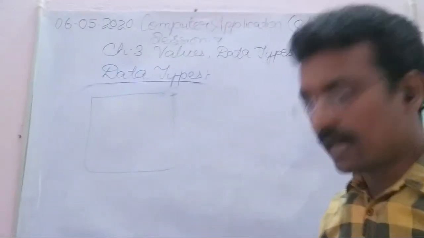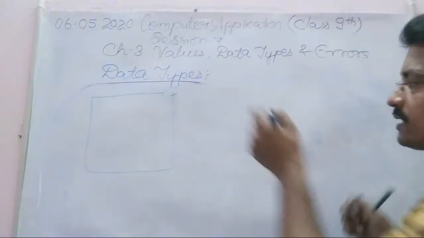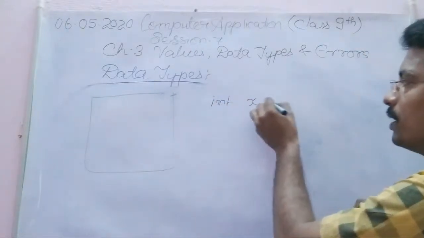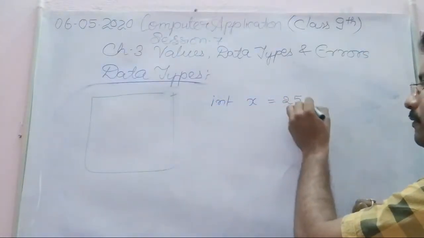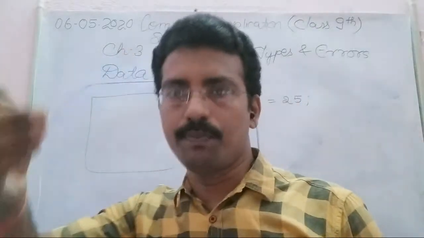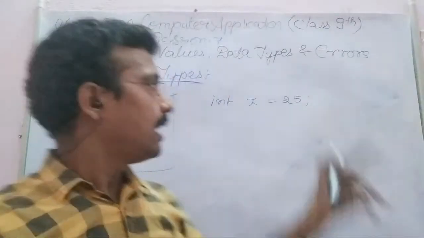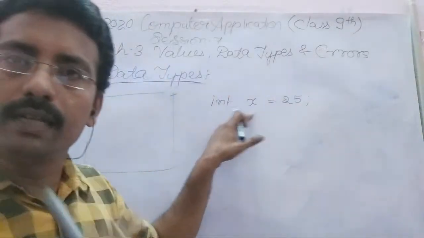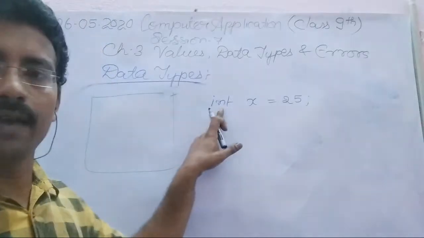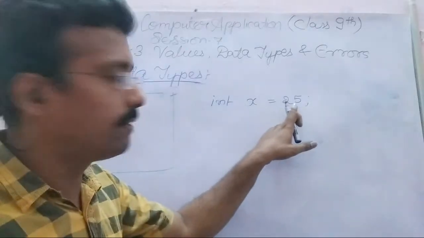Suppose we are writing a statement, and it is written this way: integer x equal to 25. The idea you will keep in your mind is that x is an integer type variable which will hold 25 in the memory.